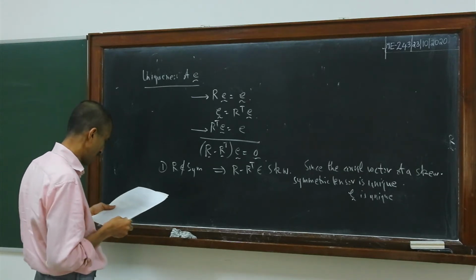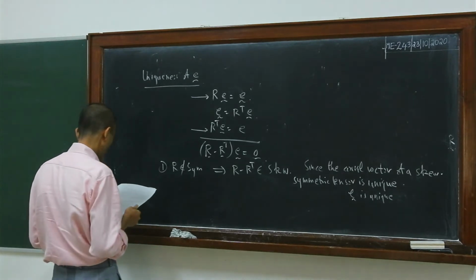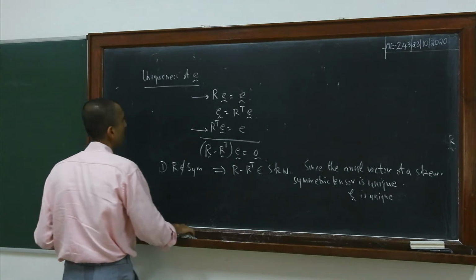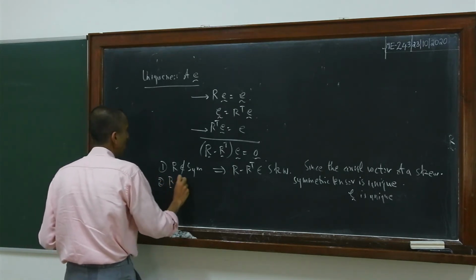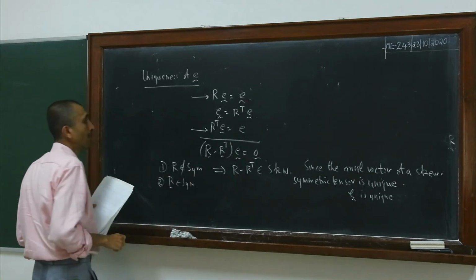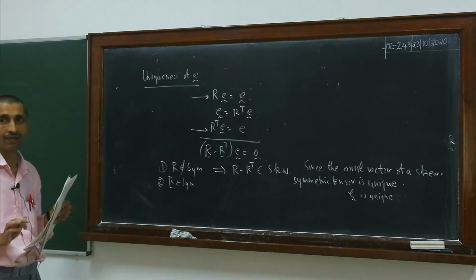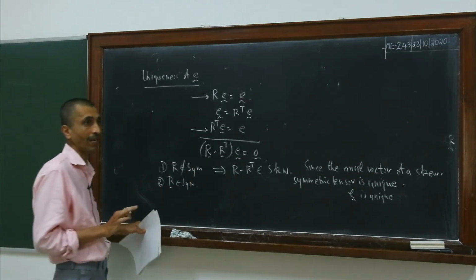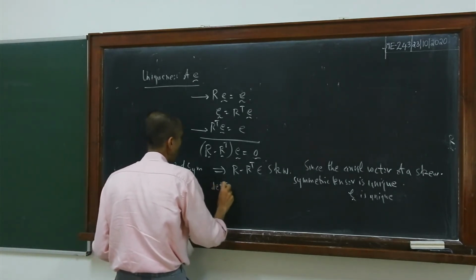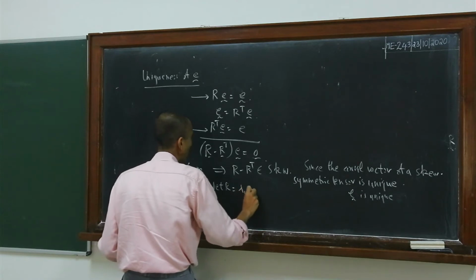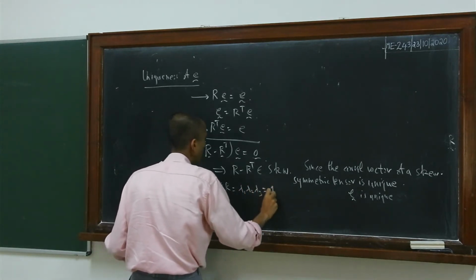Now let us look at the other possibility, that it is symmetric. So the second possibility now is that R belongs to Sym. Now we have seen that the eigenvalues can only be plus 1 or minus 1, correct? First of all, you have that the determinant of R is equal to lambda 1, lambda 2, lambda 3, which is equal to plus 1.